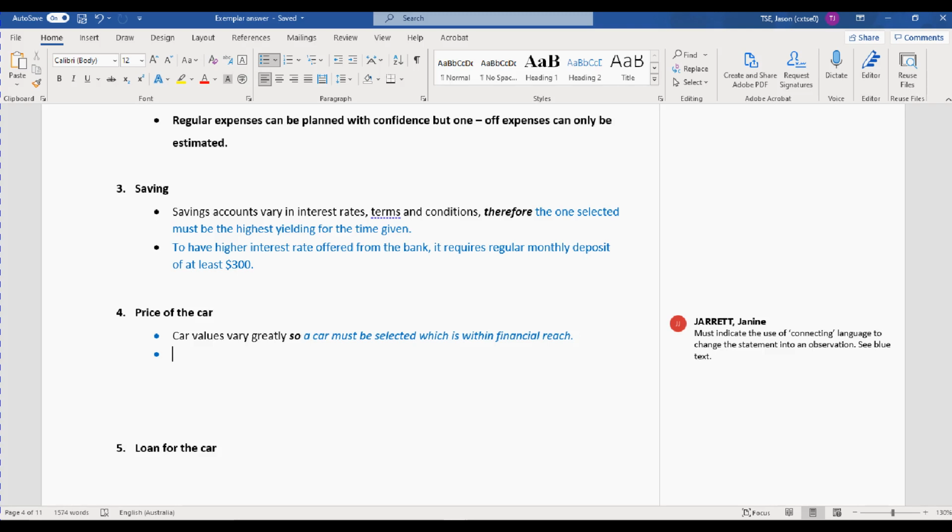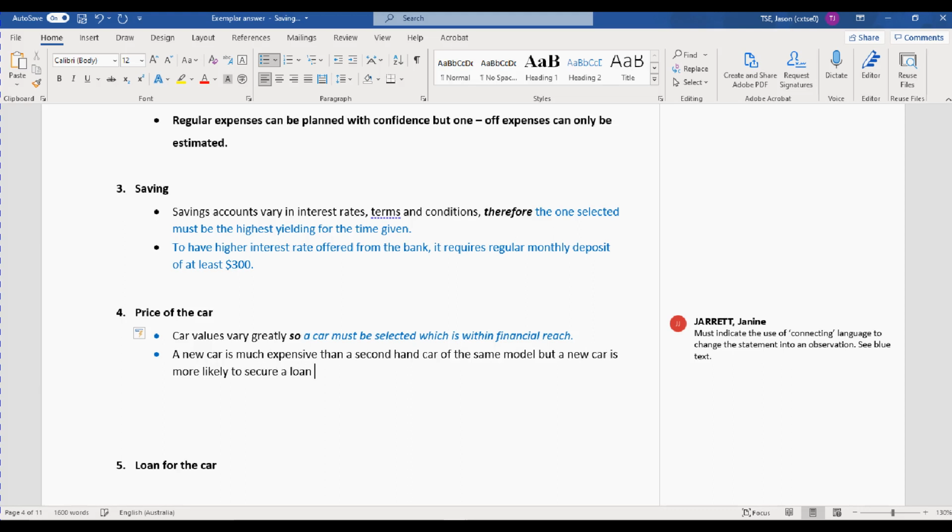So you might use like, a new car is much more expensive than a second-hand car of the same model, but a new car is more likely to secure a loan at a lower interest rate.